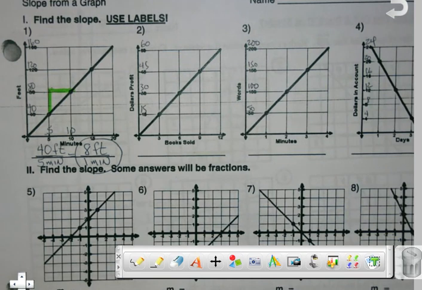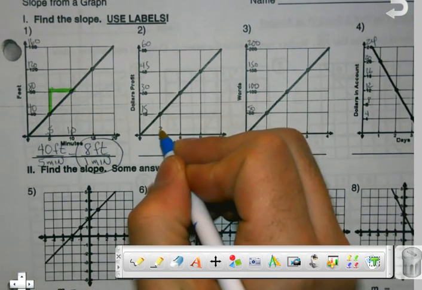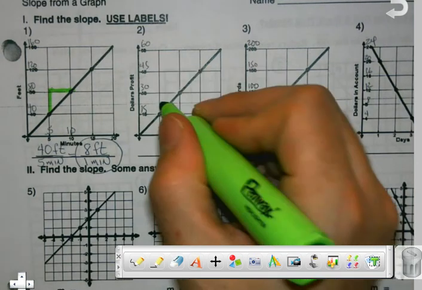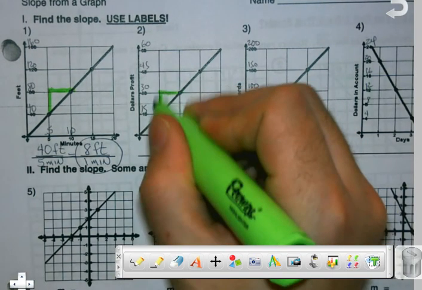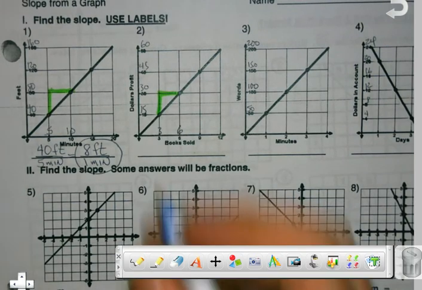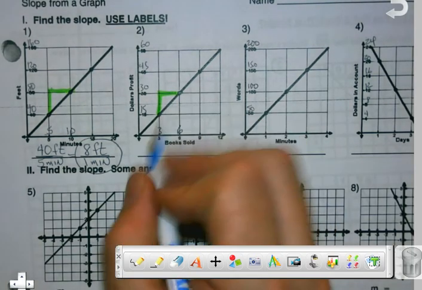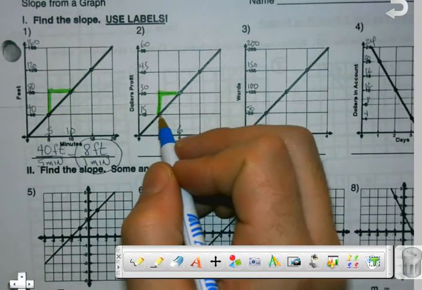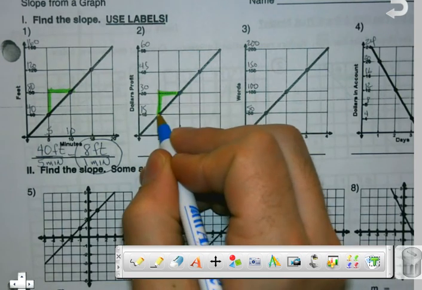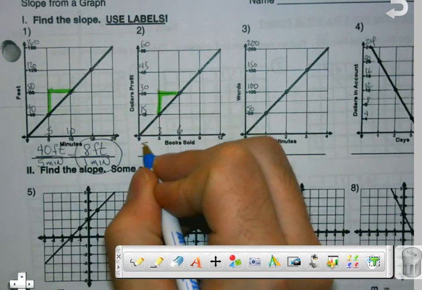And I can do it that way on all of these all the way across. So for instance, 8 feet in 1 minute on the first one. So, okay, the next one. So $15, so I'm going from 15 to 30.